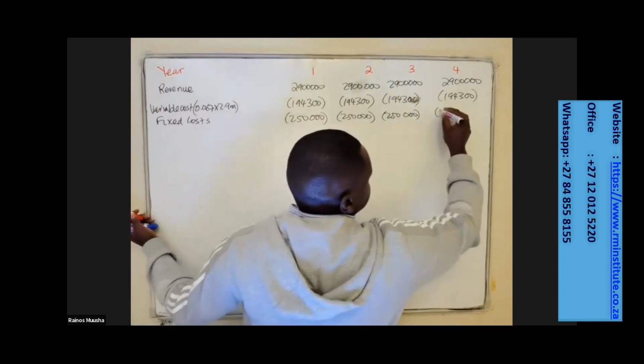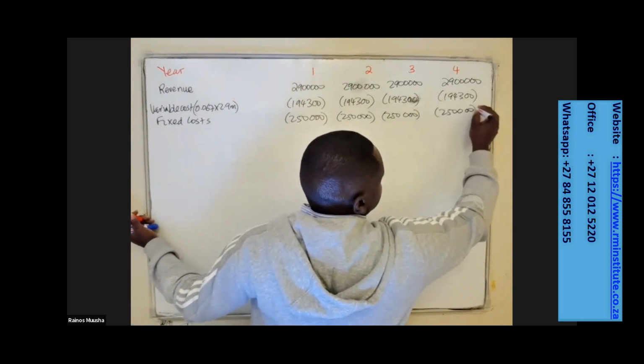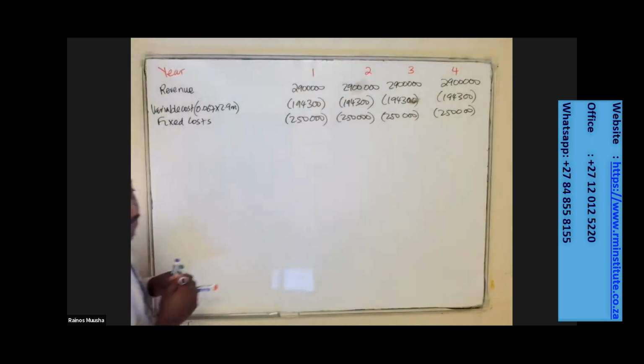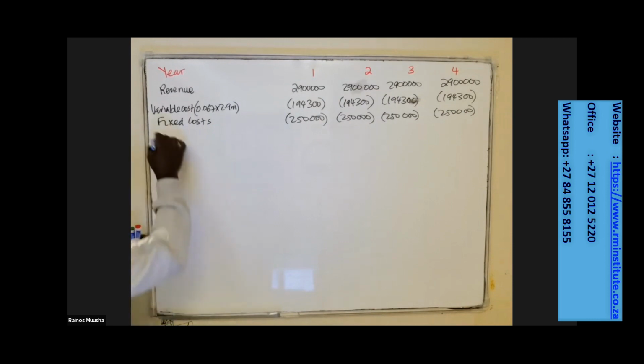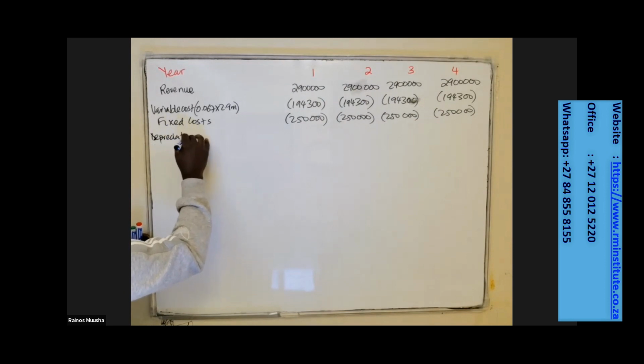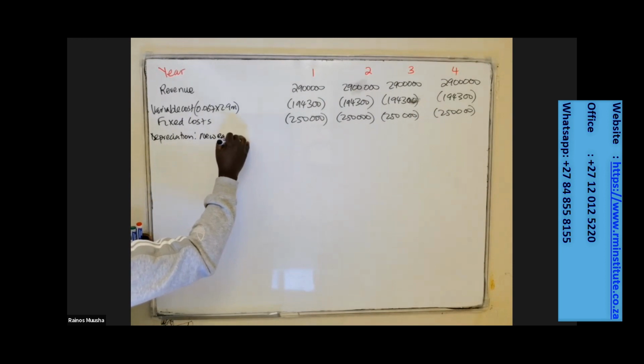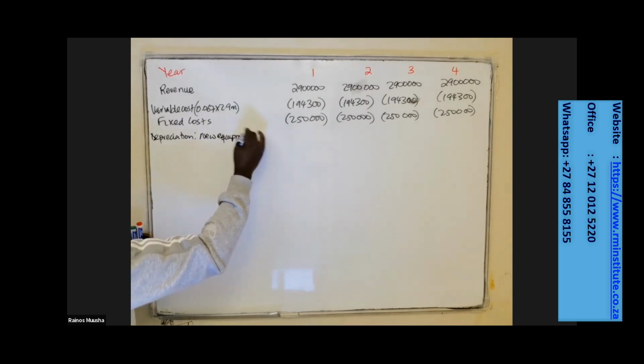So we have fixed costs of 250,000. Then what do we see? We also need to take into account the depreciation of the new equipment.